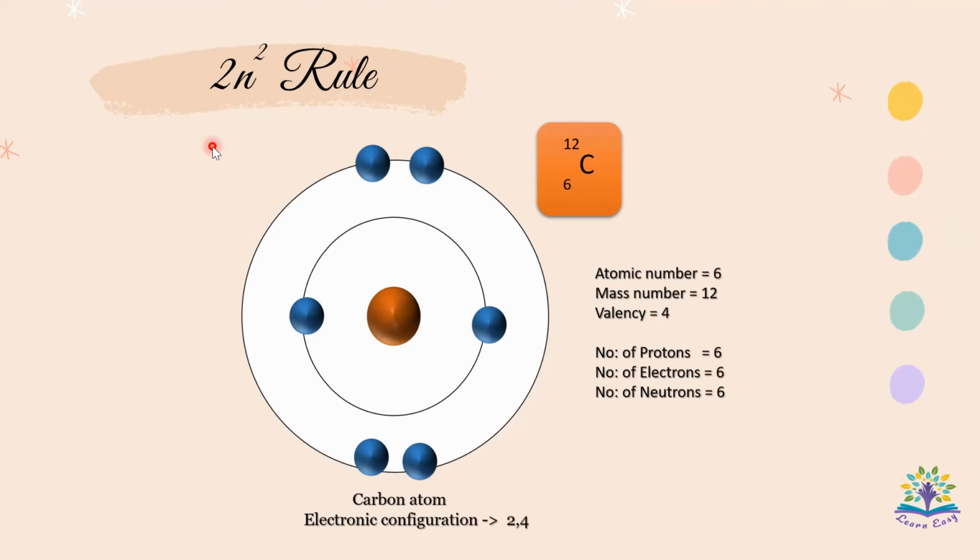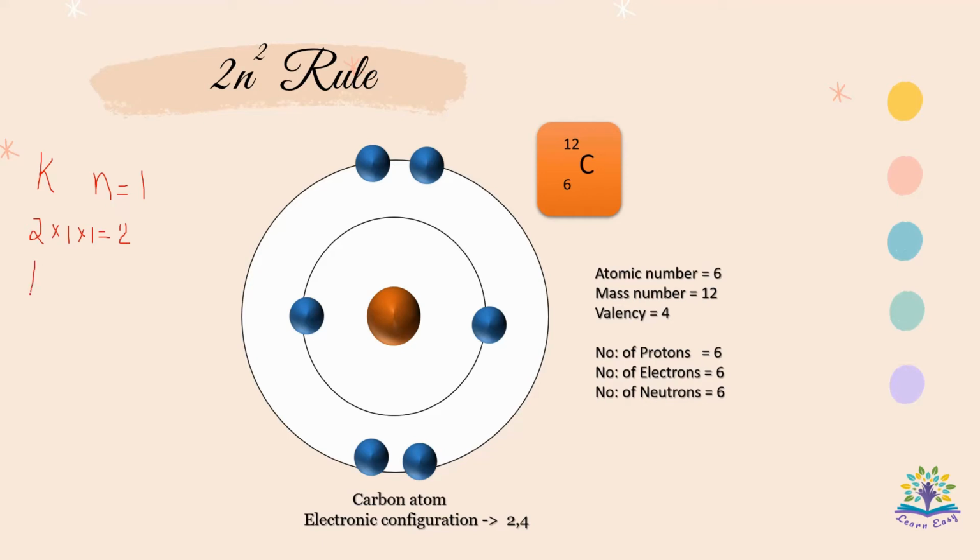Now let's learn how the electrons are distributed in these orbits or shells. For that we have to learn the 2n squared rule. Earlier I said that the K shell has orbit number 1. In the 2n square rule, the n denotes the number of the orbit. So according to the 2n squared rule, the K shell can have a maximum of 2 into 1 into 1, that is 2 electrons.